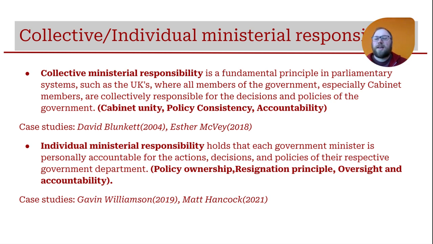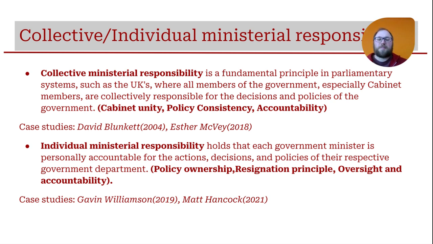And therefore, he was resigned over this issue of individual ministerial responsibility. So the first part is individual ministers' responsibility to run their departmental area effectively. And if that's not the case, then they are expected to resign.